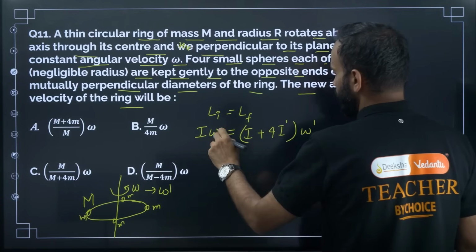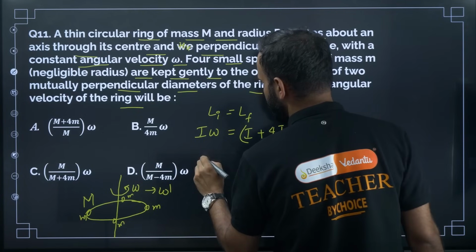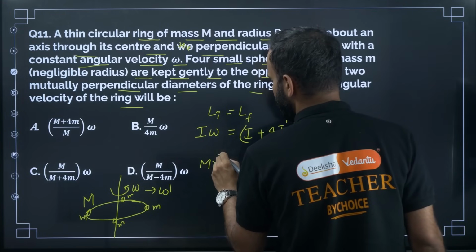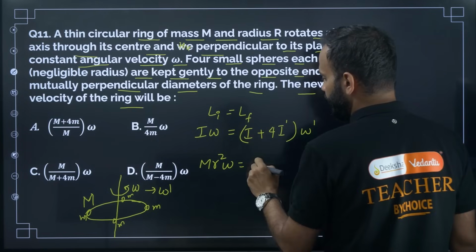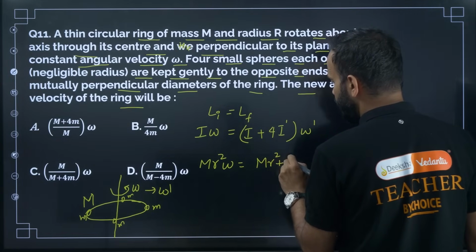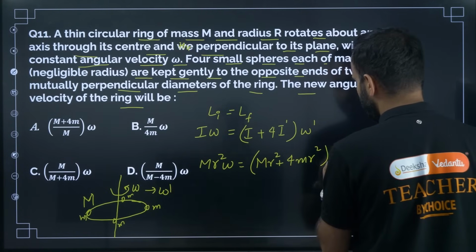So here I is M r square, moment of inertia of the ring. Capital M r square into omega is equal to M r square plus 4 into small m r square into omega dash.